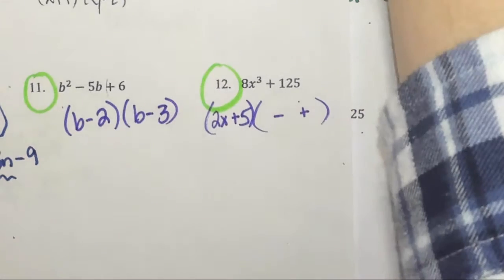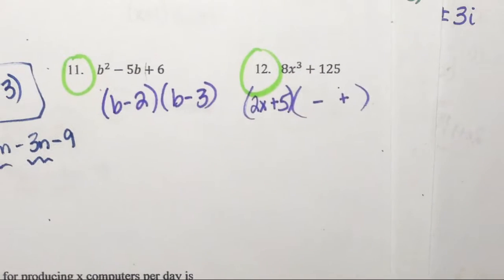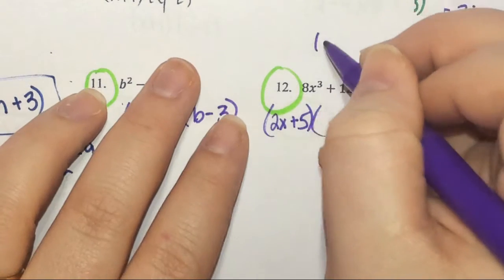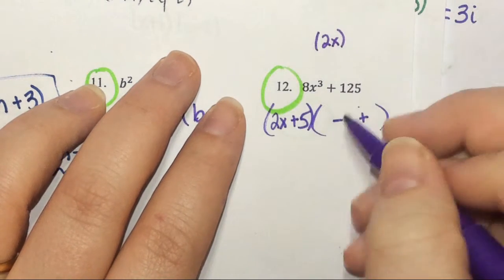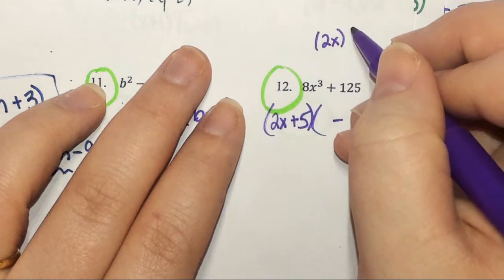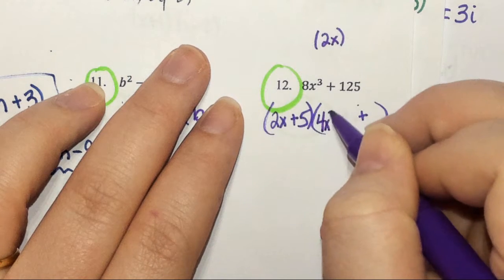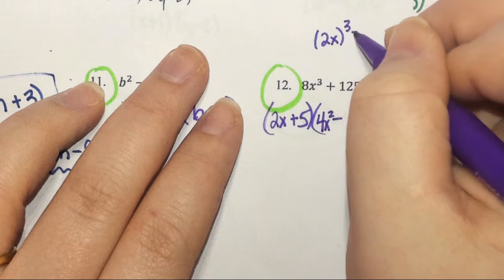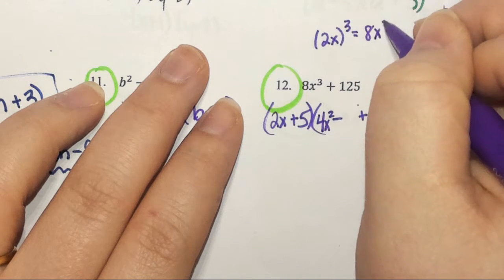I give you the 2x and the 5. Finish it, you can have 2 points. It's not just an x squared, though, is it? It's a 4x squared. And then what?